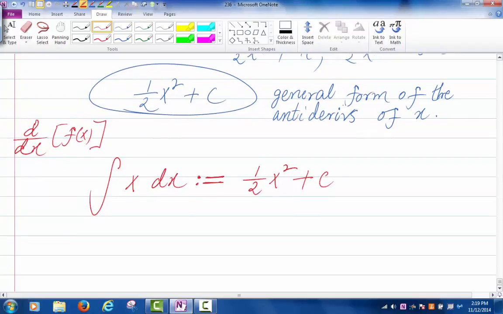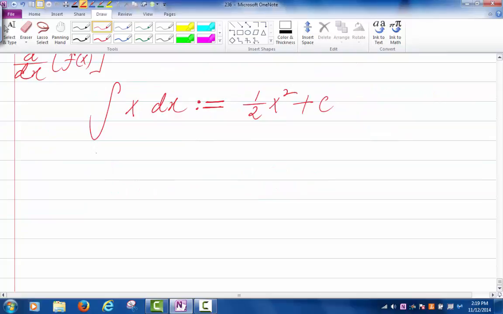How are we going to read this? Well, this left-hand side, I can say it's the antiderivative of x, or I could say indefinite integral.